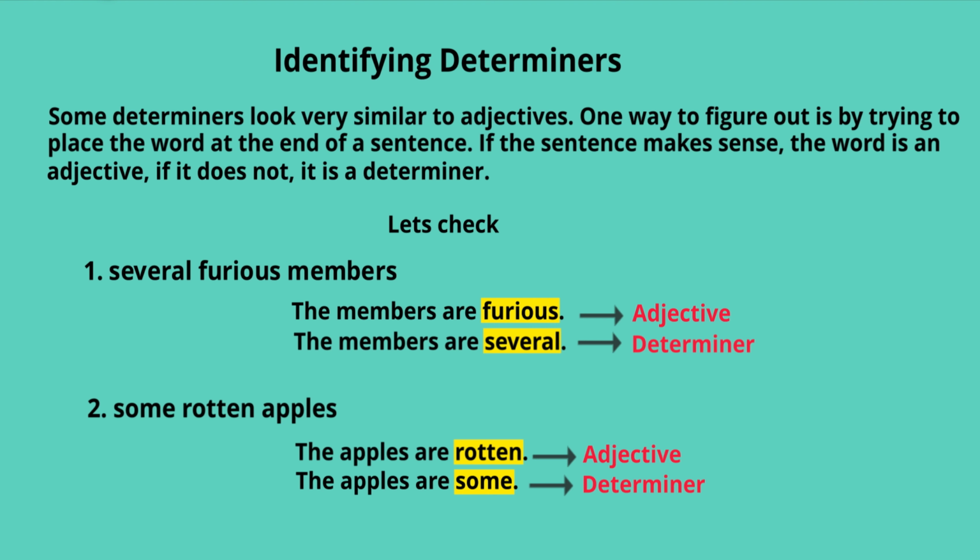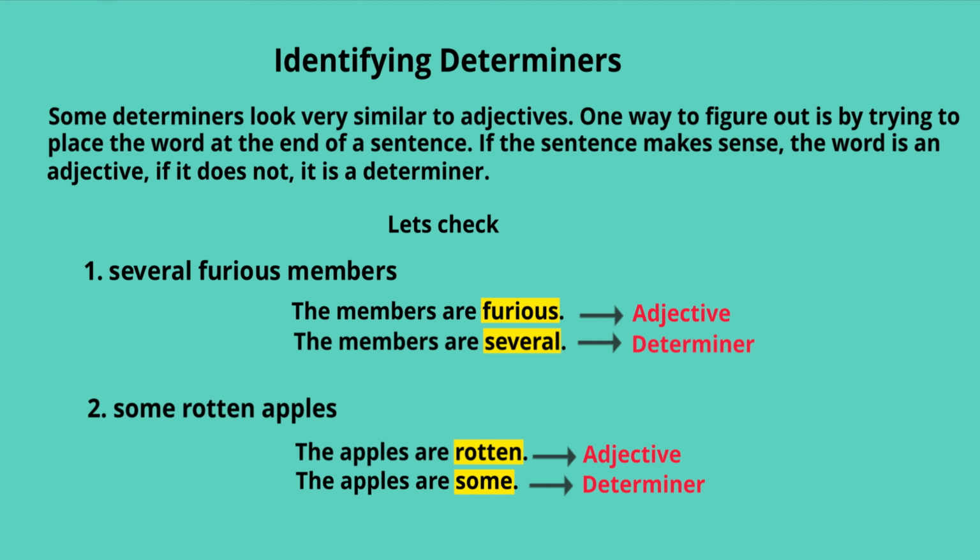Identifying determiners. This is very important and it's pretty easy too. Some determiners look very similar to adjectives. So one way to figure it out is by trying to place the word at the end of a sentence. If the sentence makes sense, the word is an adjective. If it does not, it is a determiner. Let's see some examples.